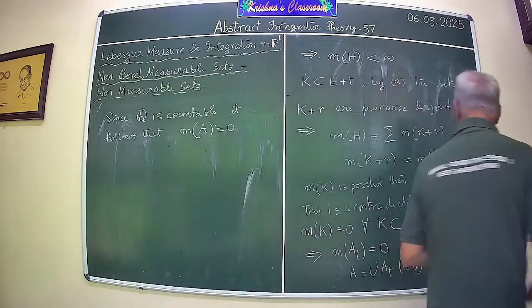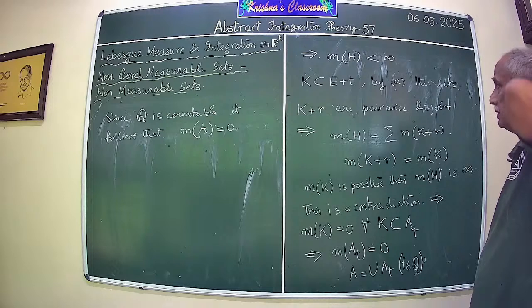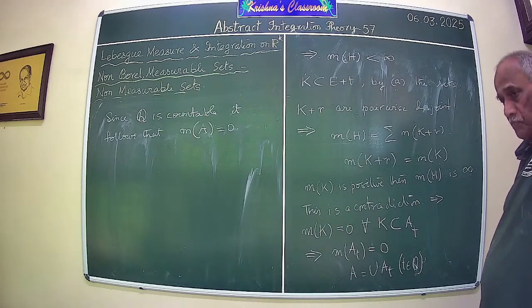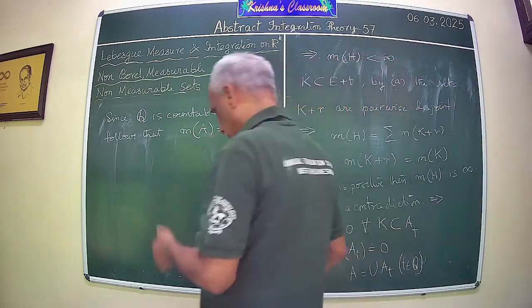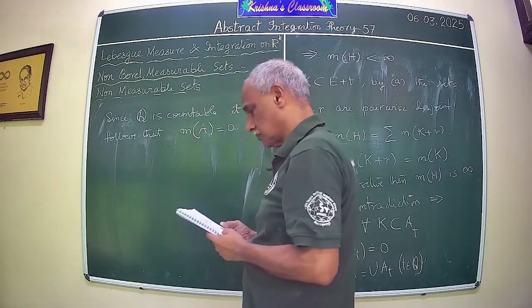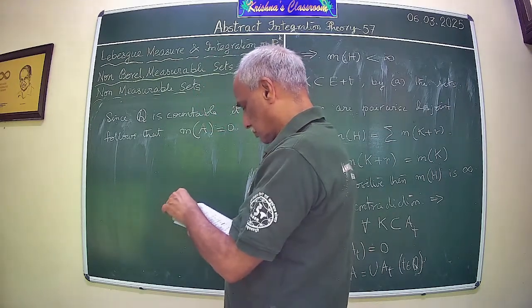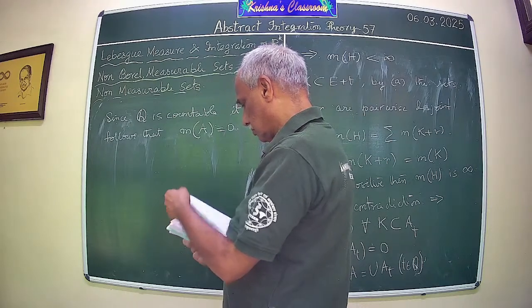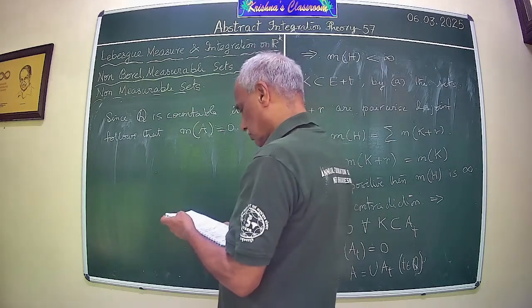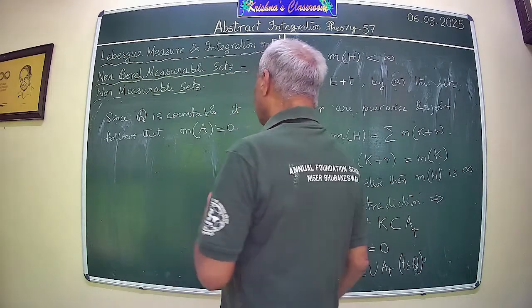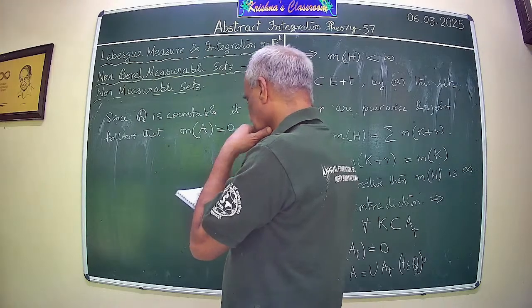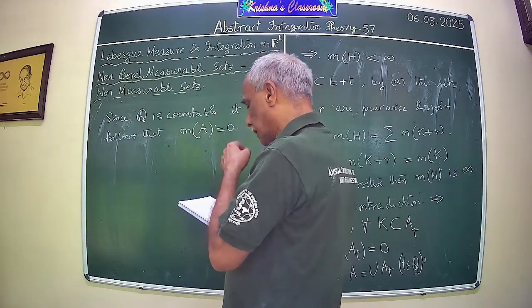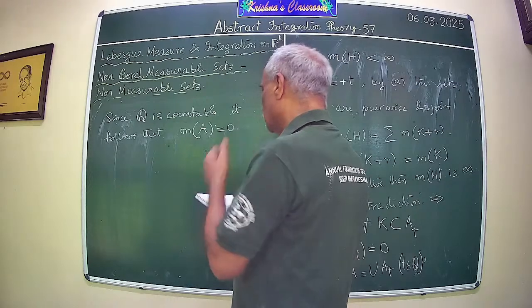So we have proved that if you take a measurable set, then every subset of that set is measurable. If A is a measurable set, the big measurable subset of R1, then the measure of A is equal to 0.